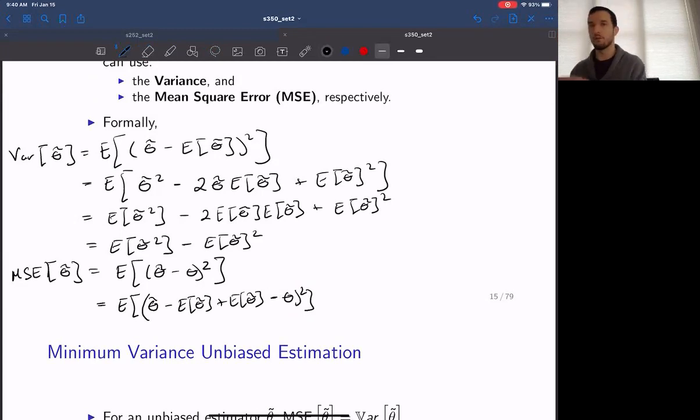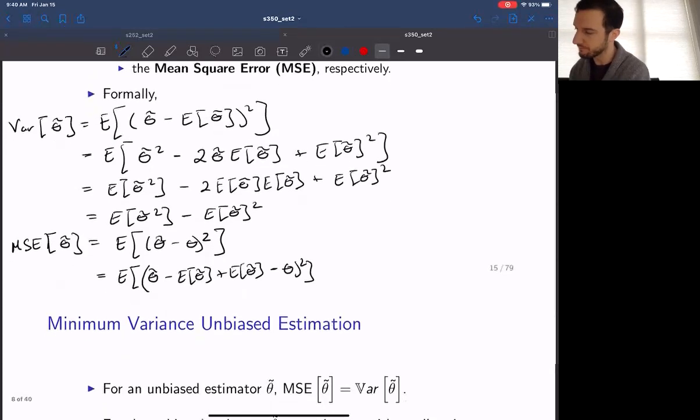Okay, yeah. So we're going to add or subtract 0 in the form of negative of expected value of theta tilde plus the expected value of theta tilde.